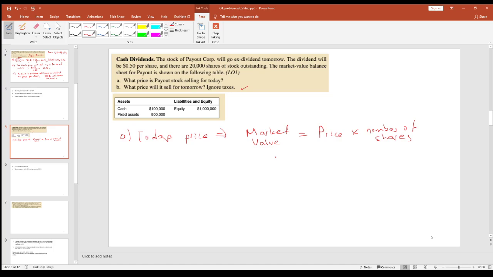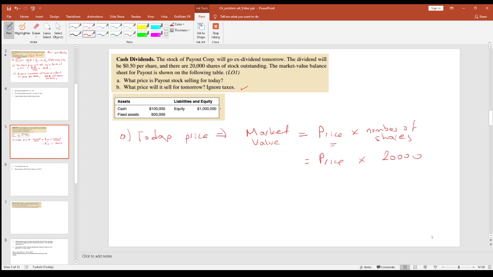From this equation, you can find the price for today. Now you have 20,000 shares. You don't know the price. And the market value is here.